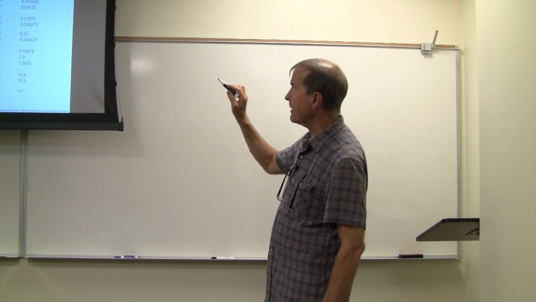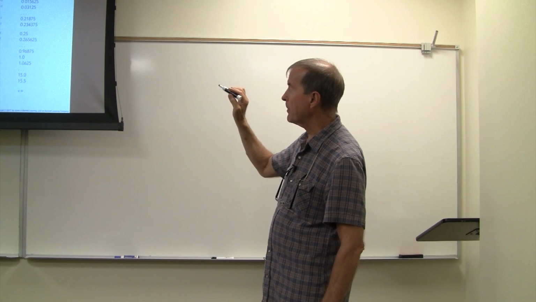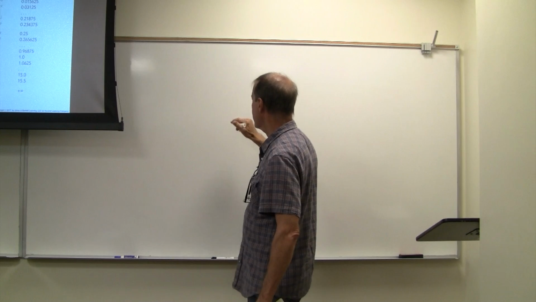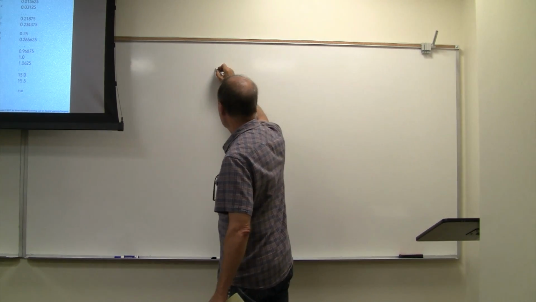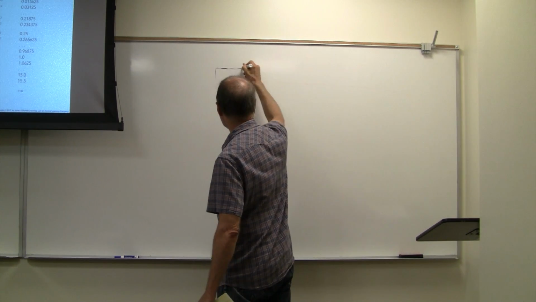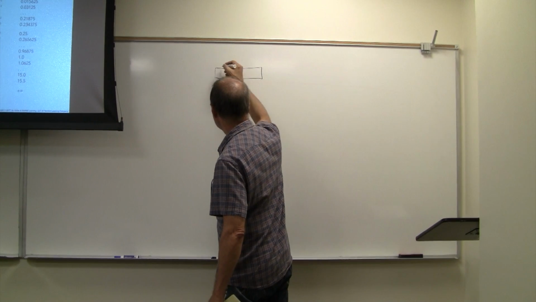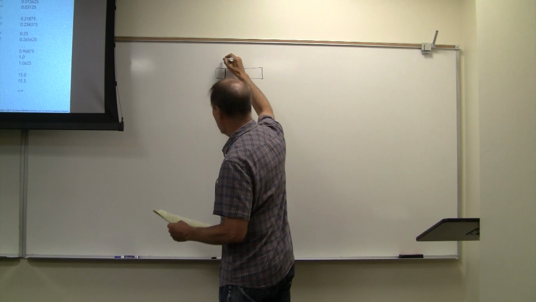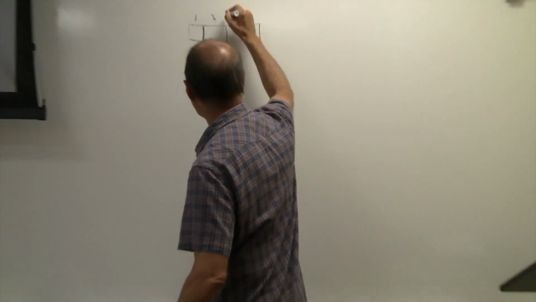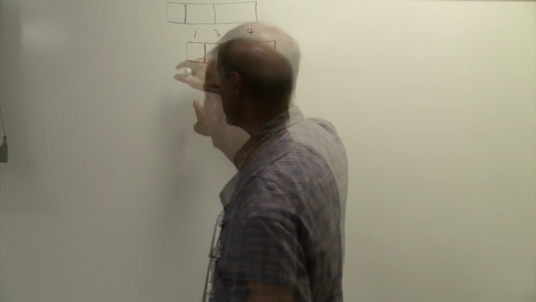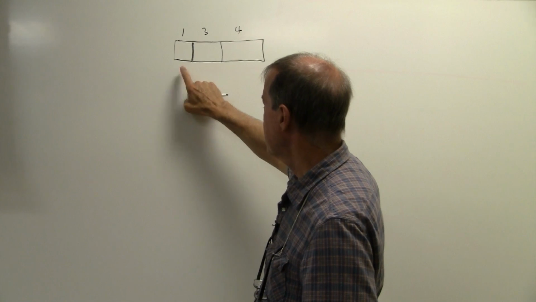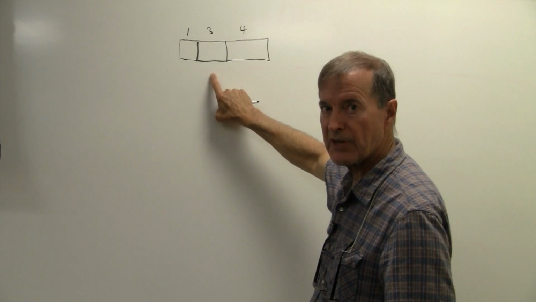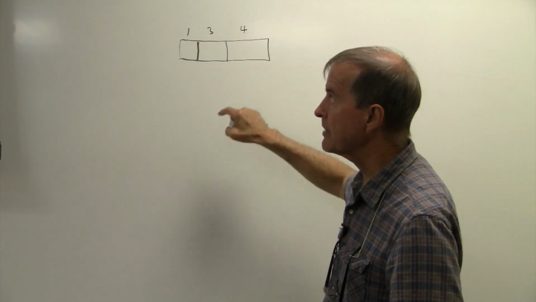So we were talking about figure 3.38, the situation with floating point numbers with this tiny example that we had with 1 bit, 3 bits, and 4 bits. 1 bit is the sign bit, 3 bits for the exponent, and 4 bits for the significand.